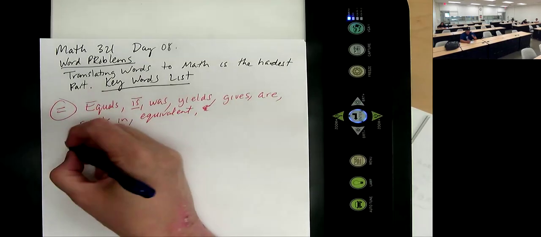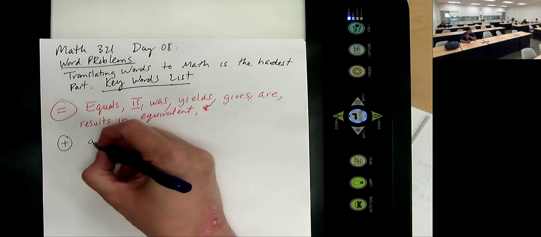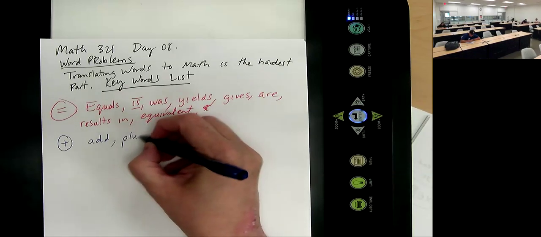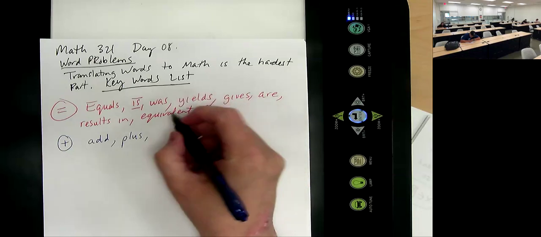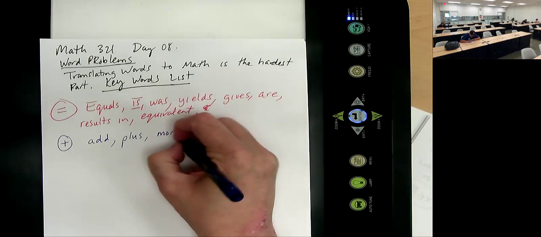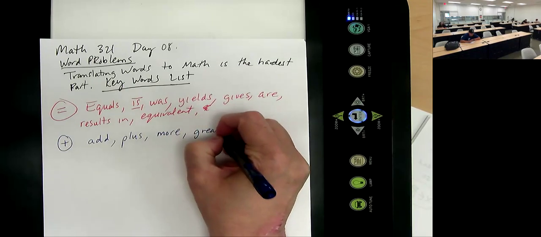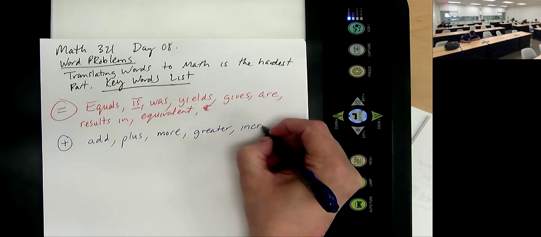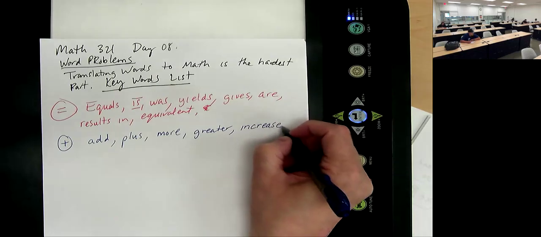Plus. Addition. So add. Plus. More. Greater. Some variant of the word increase, like increases, increased.